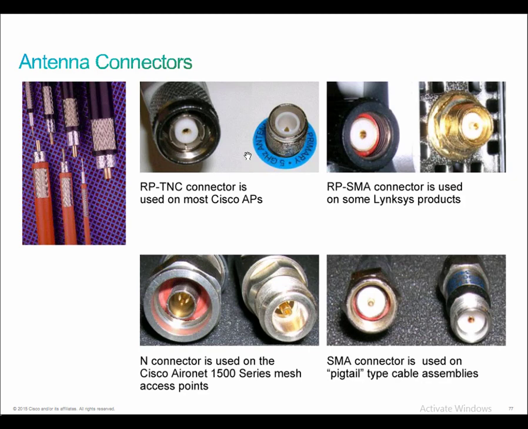Connecting antennas to the AP, very simple, just twist it on, right? Now what's interesting is that this is actually kind of a regulated industry. If an antenna is not supposed to be directly connected to the AP, it'll have a different connector type. And if the antenna from one manufacturer has a specific amount of gain, which would exceed the EIRP that you're supposed to have for that particular system, then what would happen?